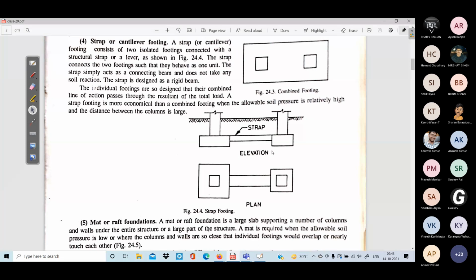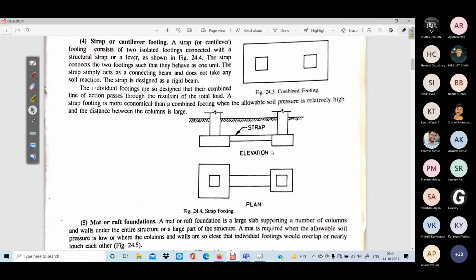Strap or cantilever footing. As the name suggests, suppose the footing has some differential settlement, then to connect both footings we provide a strap, like a beam, which is more economical for us.